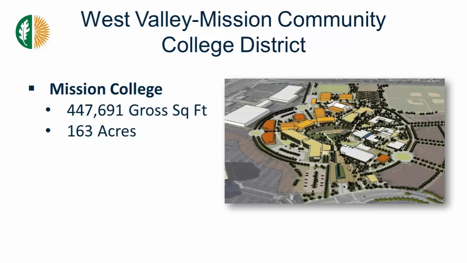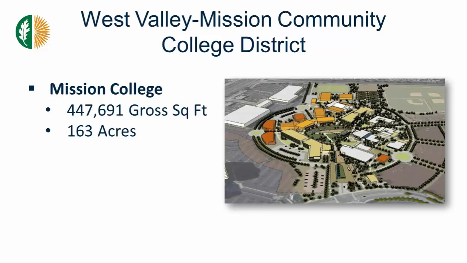Mission College, again, was established, this is our second college actually, in the early 70s. And Mission College has 19 buildings with 447,000 gross square feet and 163 acres. And the picture you're seeing here basically is a look at the future of Mission College. It's from our facilities master plan approved in 2009.